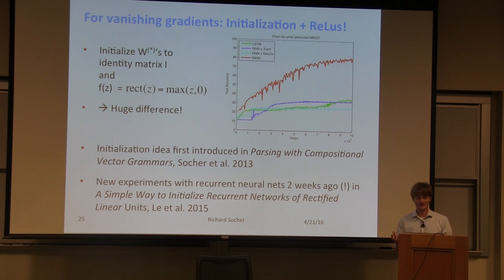The really important one is we can actually initialize our W's, both the W_hh that goes from hidden to hidden, as well as the W_hx that goes from input to hidden, with the simple identity matrix. It seems so trivial, but it took people several years. I came up with this idea in another type of neural network, actually more general. We'll get to it in 2 or 3 weeks, called recursive neural networks.